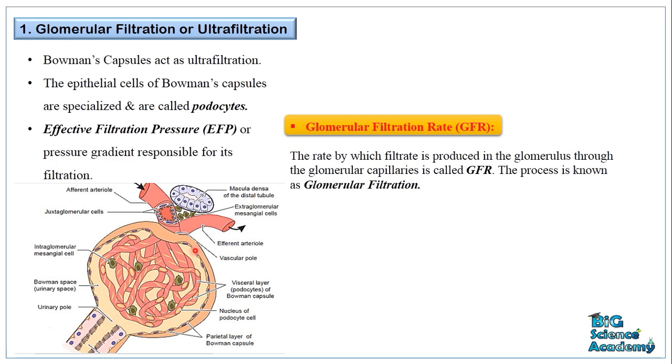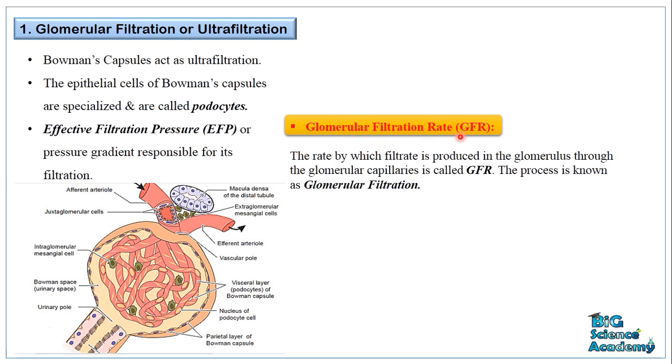As we all know, the afferent arteriole is wider than the efferent arteriole, therefore the amount of blood that enters through the afferent arteriole in a definite time is not fully drained out by the efferent arteriole. This increases the hydrostatic pressure in the capillary network of the glomerulus, and the effective filtration pressure or EFP helps this filtration process.